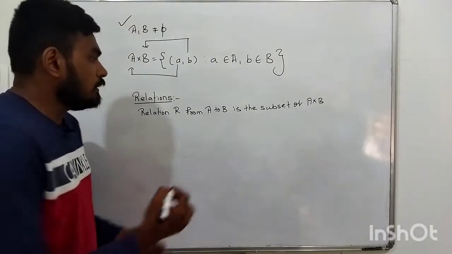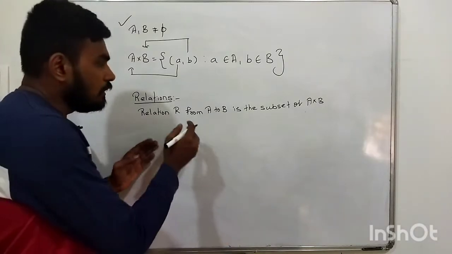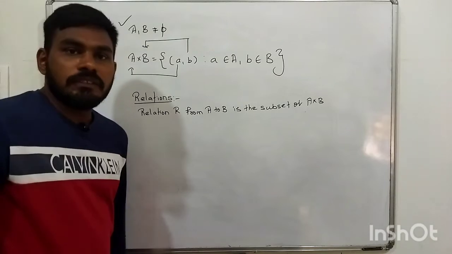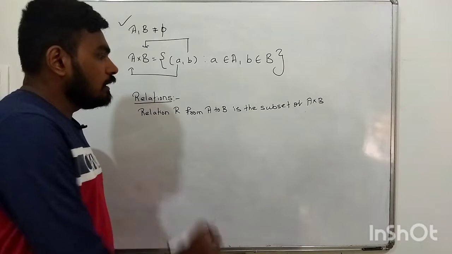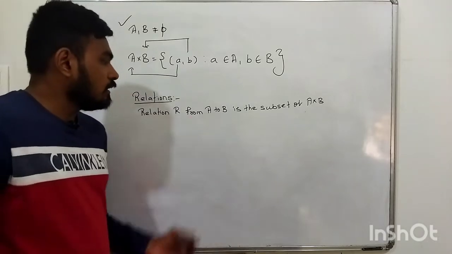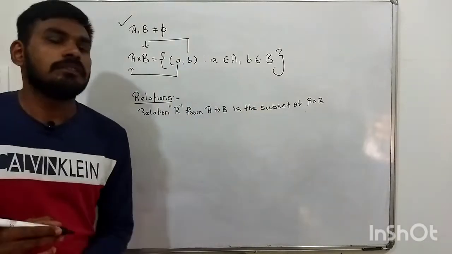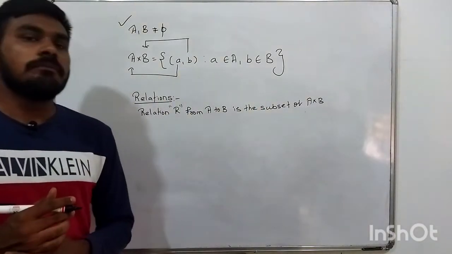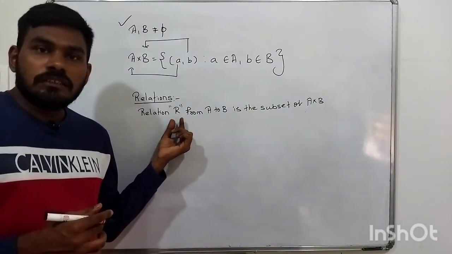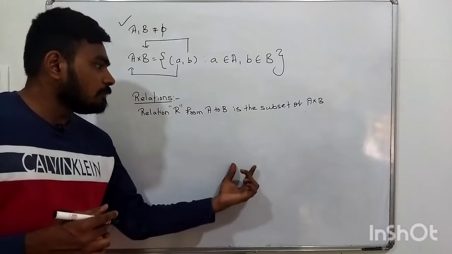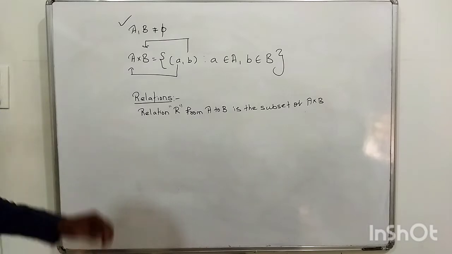We define some relation between elements of this side and elements of that side, and whichever pair satisfies that relation comes in the set R. In general, all the possible ordered pairs come in the Cartesian product, but here only those pairs will come which satisfy the given definition of the relation between the first and second element. So let's see one example of this.